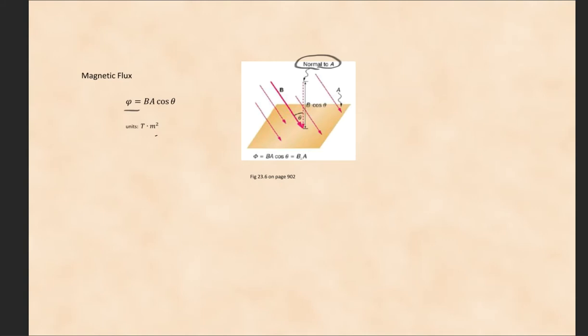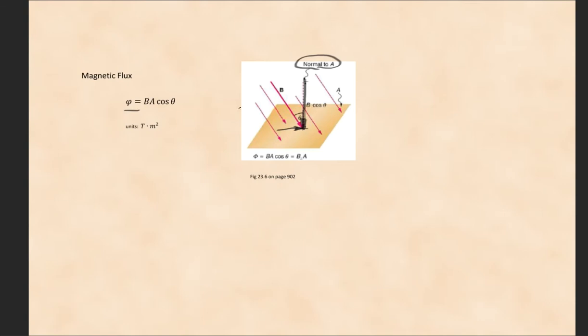Now, flux has units of Tesla times meters squared. And again, it's the idea of the magnetic field moving through this cross-sectional area. So if we have B at an angle here, we can imagine breaking that B up into two components. One component that is perpendicular to the area and one component that is parallel to the area.